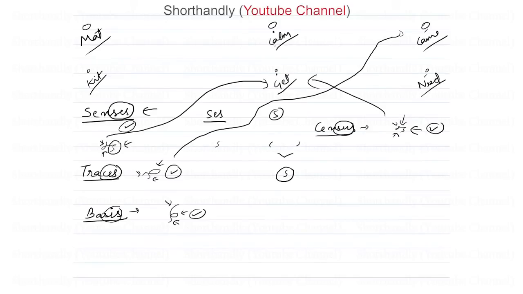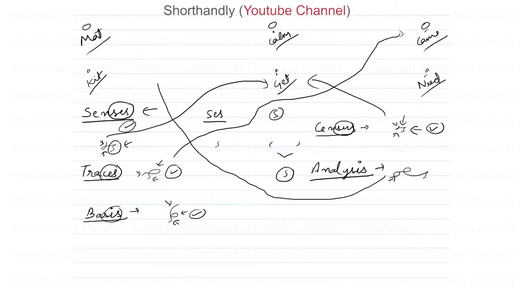Let's take another word called "analysis". Analysis will be made like this. First of all, we have the A vowel, which is a large circle, very similar to this one as in "mat".